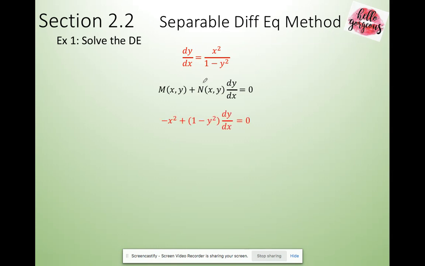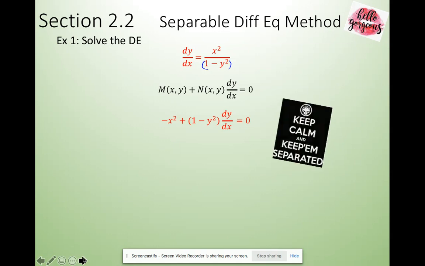Right? Look at what I did. I just multiplied both sides by 1 minus y squared, and then I subtracted x squared. Now, when we were in calc, we left the x squared on the right side, and we just anti-differentiated from there. This is, trust me, going to make a difference later.